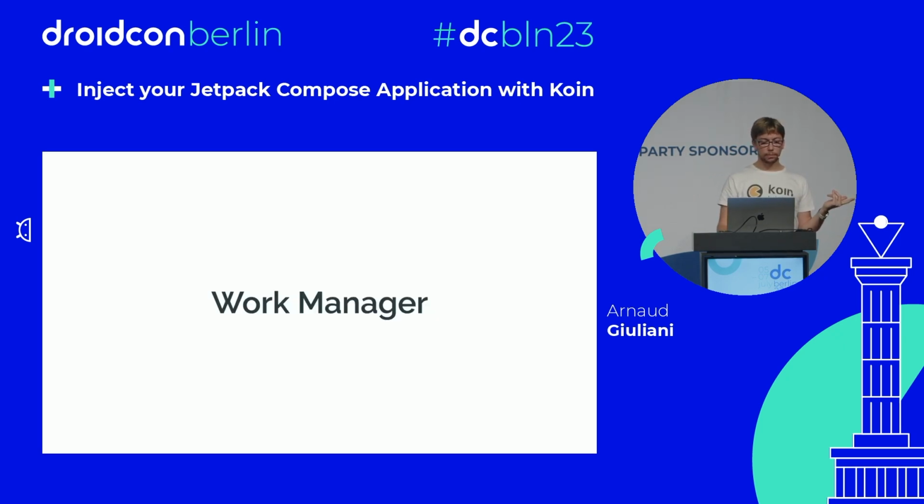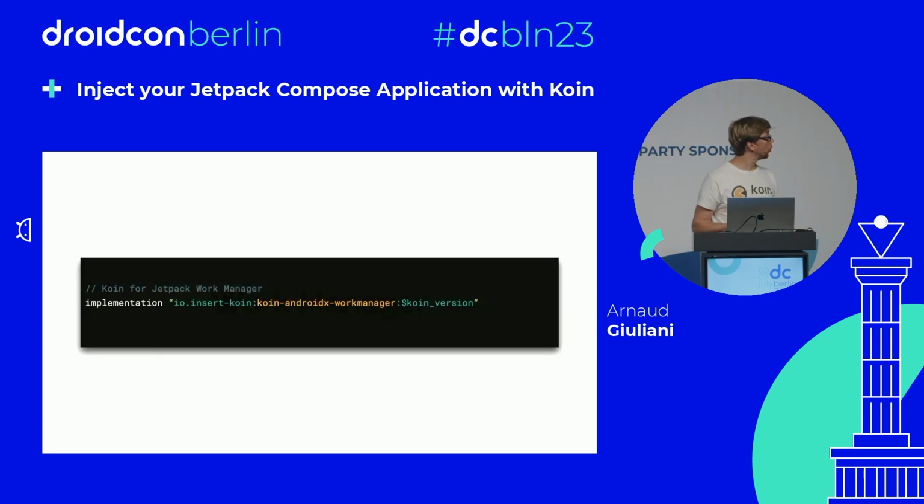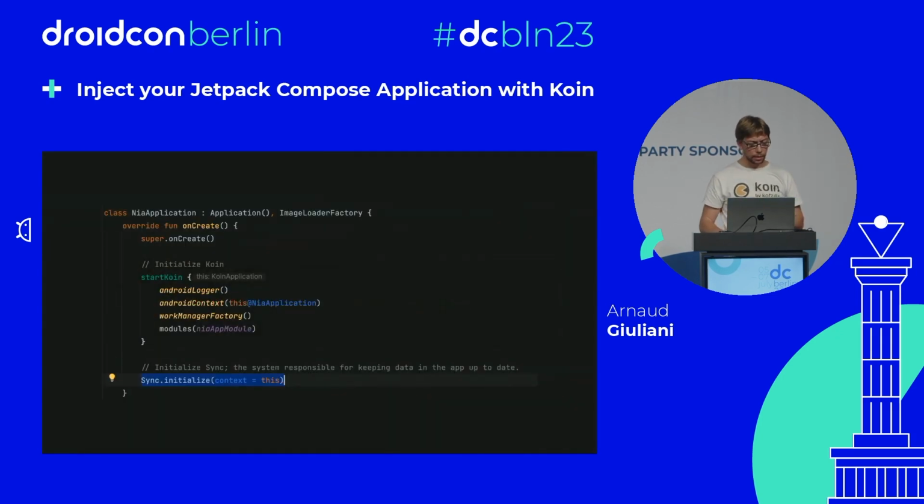Lastly, the application is using the Work Manager API to preload content in background, and you can use that with Koin and Redux Work Manager. What it means is that it gives you access to this function for your Koin configuration startup, Work Manager Factory.